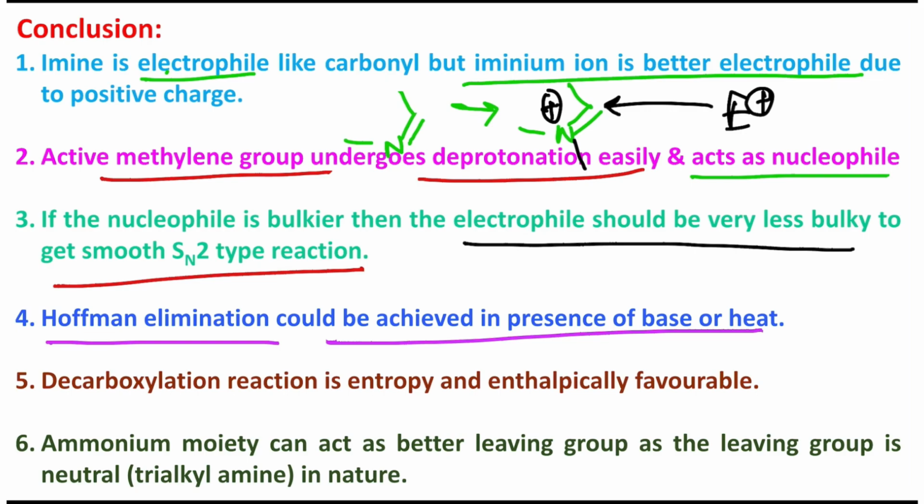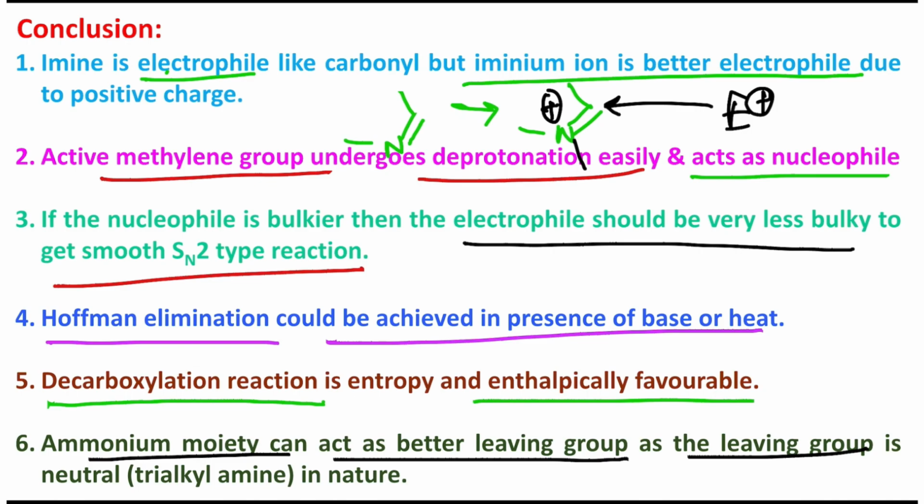And finally, this decarboxylation reaction is entropically and enthalpically favorable process because heat is produced and from one molecule many molecules are produced, so both points are stable. And finally, the ammonium moiety can act as a better leaving group, as the leaving group is neutral, a trialkylamine, and neutral part leaves with stabilization.